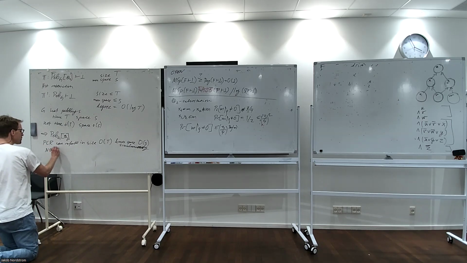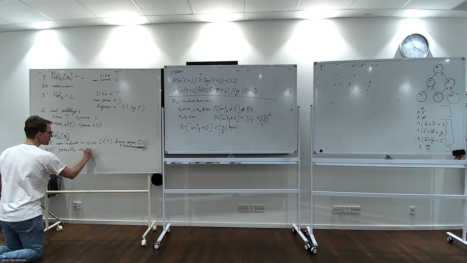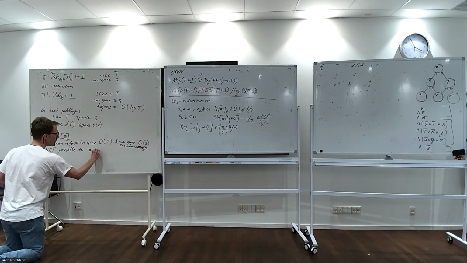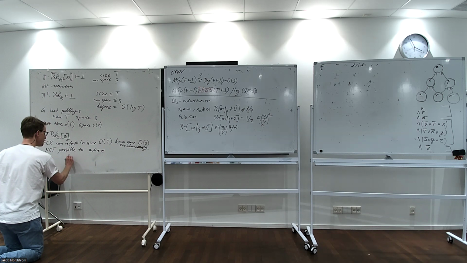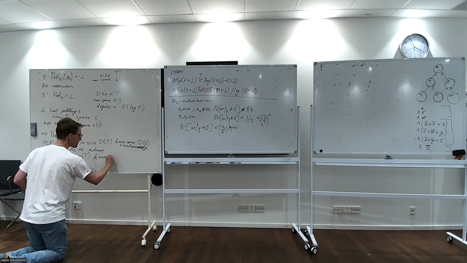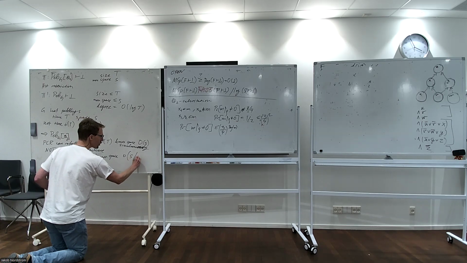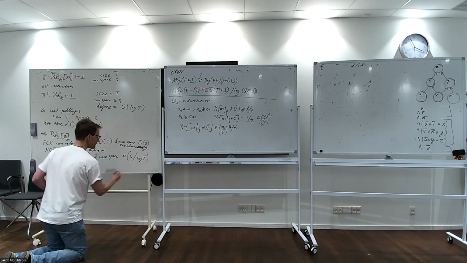But by our restriction argument, it's not possible to achieve size little o of t and monomial space little o of s, but then we have a log t loss simultaneously.